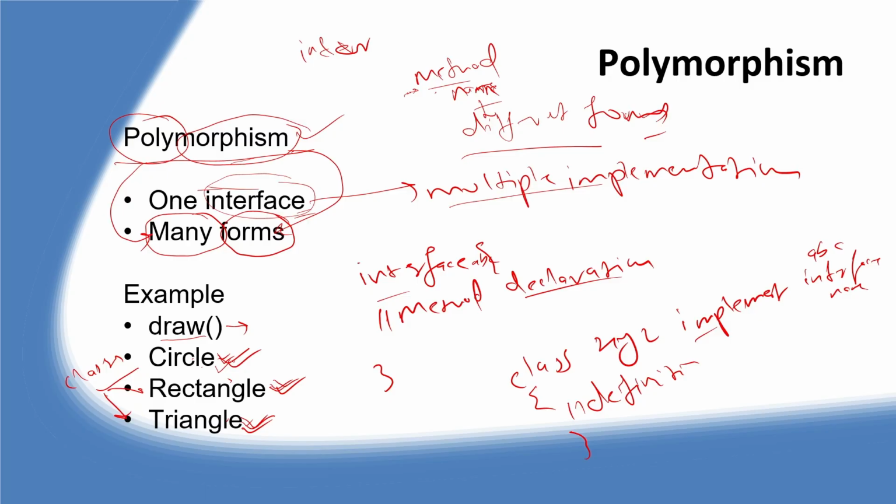Each class will have properties and behavior, properties and methods. And that method is draw. The method name is draw. Now, in class circle, the draw method will be defined. Defined means we write lines of code for what it will do.